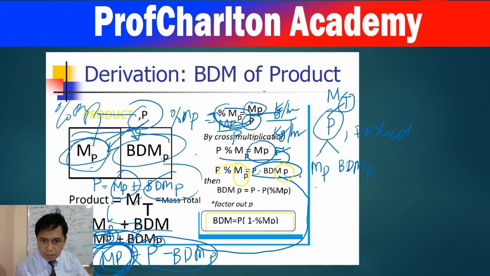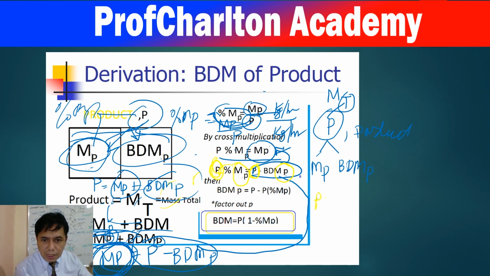I think, sorry, the common is P. Let me, yeah, I'm a little bit confused. So P is the common, and here is the P, right? So all we have to do is this percent MP. What do we do with this percent MP? So first we factor out this. So let me put here.